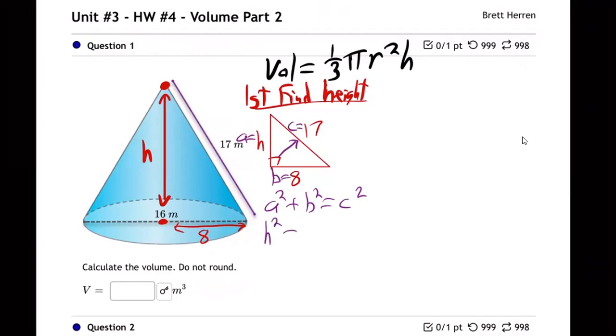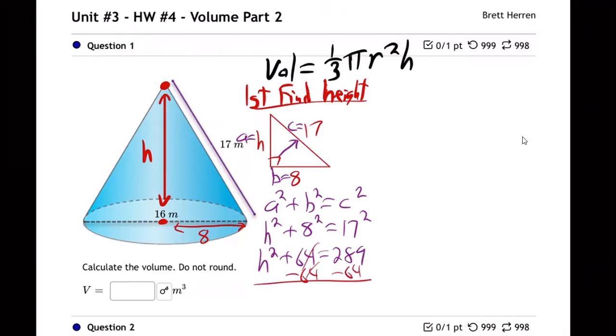So that's going to be h squared plus 8 squared equals 17 squared. That's the a, b, and c. The c is always the one across from the right angle. So we get h squared plus 64, and then see what is 17 squared, right? 289. And then we subtract the 64.